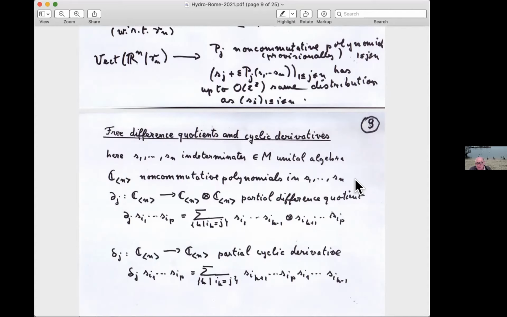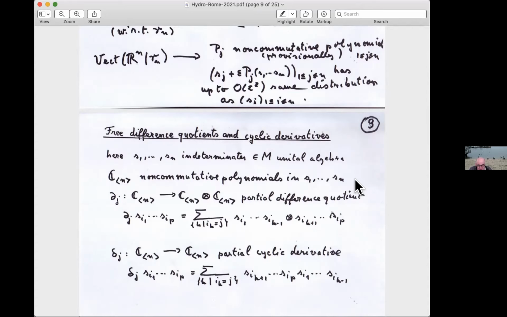So it is actually the derivation of Cn into Cn tensor Cn, which takes Sj to 1 tensor 1, and the other Sk with k different from j takes them to 0. That's this derivation. It's a derivation because Cn tensor Cn is a Cn bimodule.